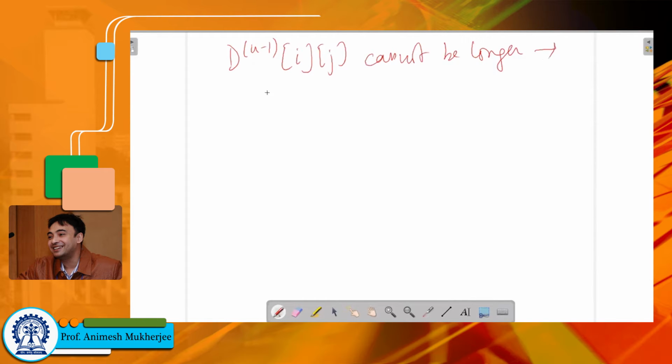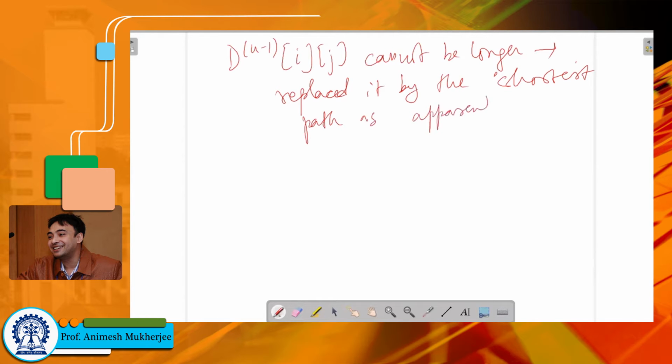If it was so, then we could have replaced it by the shortest path, as apparent from the figure that we have just now seen.